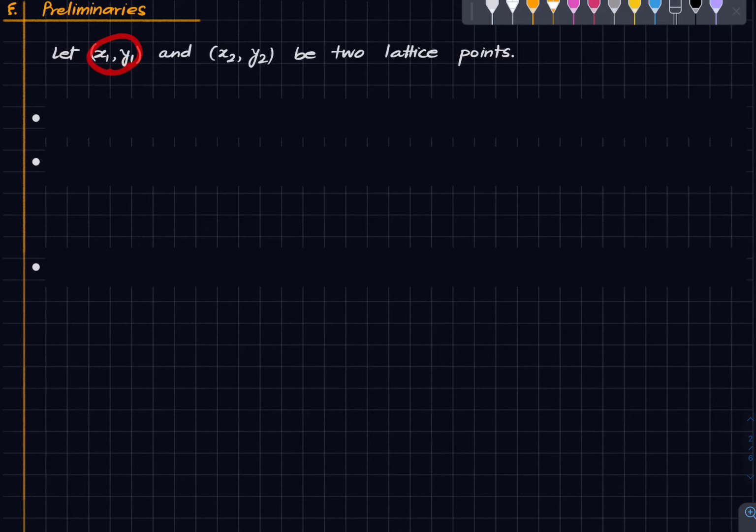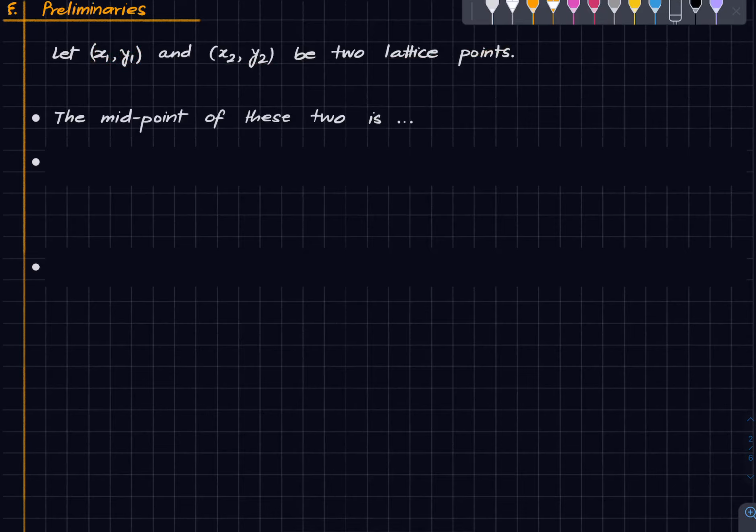So suppose we have 2 lattice points. So I'm using the coordinate notation. This denotes the x coordinate and this denotes the y coordinate. These are of course both integers. So suppose we have 2 lattice points, then what is their midpoint? Their midpoint is just something that we learn in high school coordinate geometry.